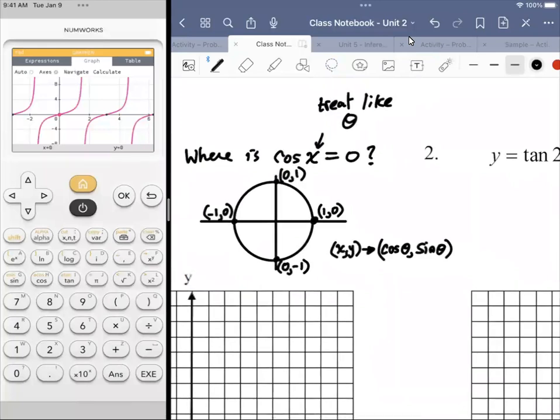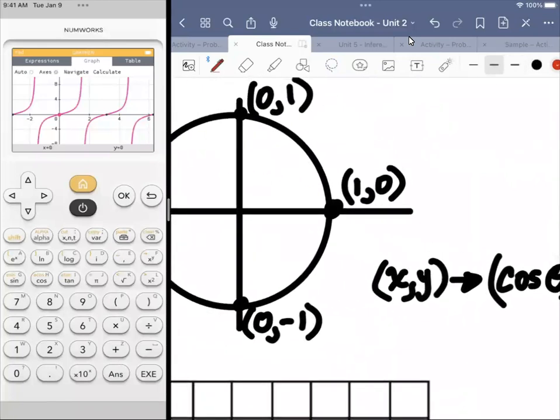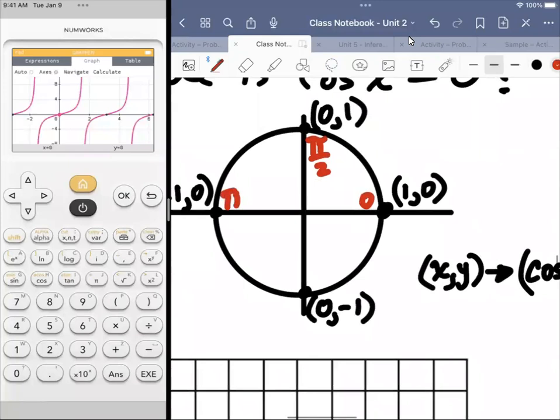All right. So around the unit circle, we have angular measures. This one would be 0 radians. This one is pi over 2. This one's pi. And this is 3 pi over 2.